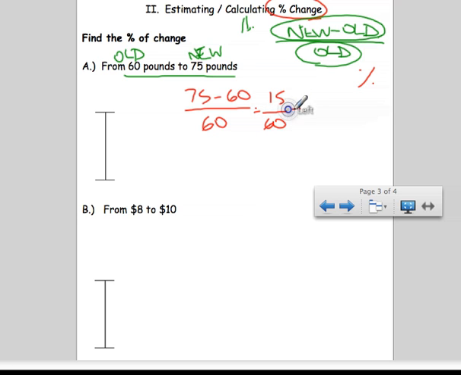And if I simplify this fraction, it's really 1/4. And 1/4 I need to turn into a percent. If I turn 1/4 into a decimal, it would be 0.25, or 25/100ths, which I know is the same as 25%. So what we're going to say here is that this is a 25% increase.